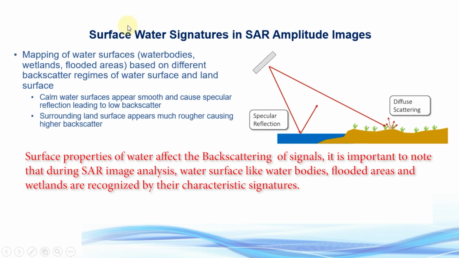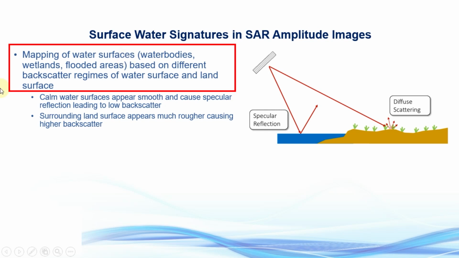The surface properties of water affect the backscattering of signals. It is important to note that during SAR image analysis, water surfaces like water bodies, flooded areas, and wetlands are recognized by their characteristic signatures. It simply means that mapping water surfaces is based upon their unique backscatter regimes, distinguishable from the surrounding land surface.